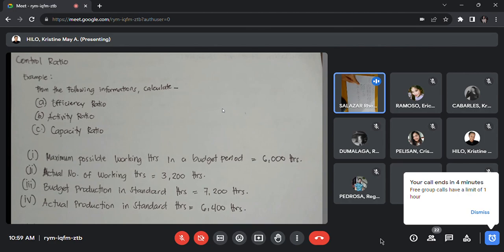So, 6,400 divided by 7,200 is equal to 0.89 times 100, so 88.8. I-round off nato, 89%.